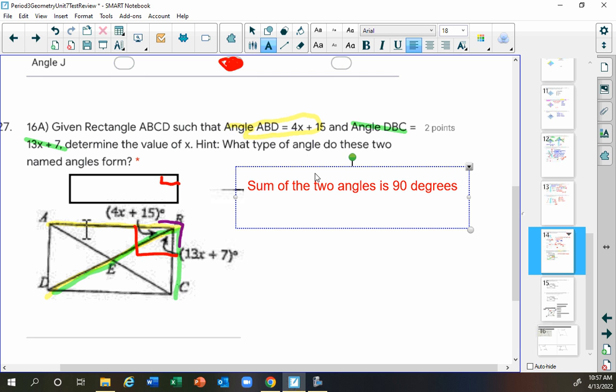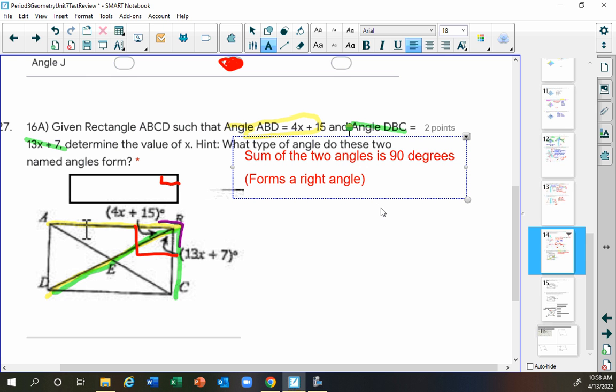It forms a right angle. And that forms a right angle, ladies and gentlemen. That's something very important to know.